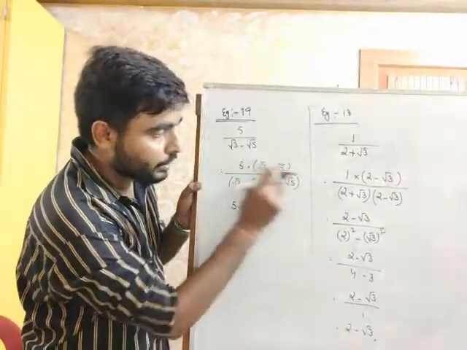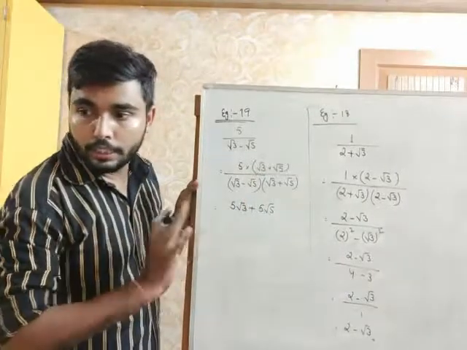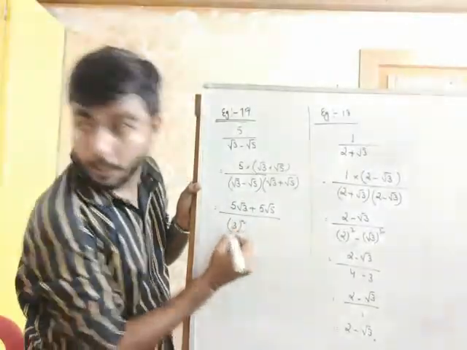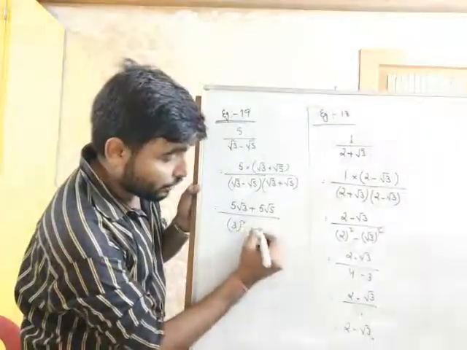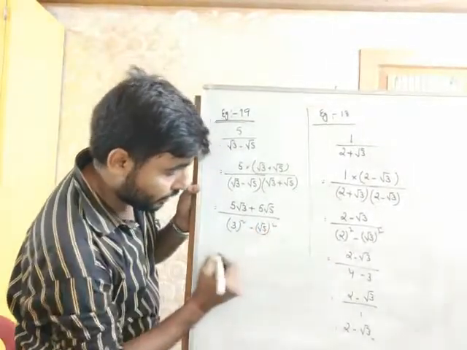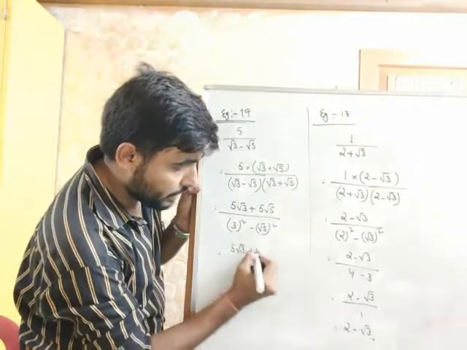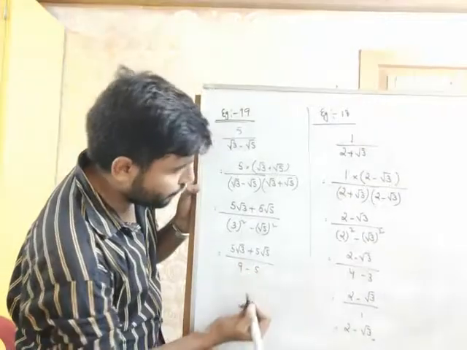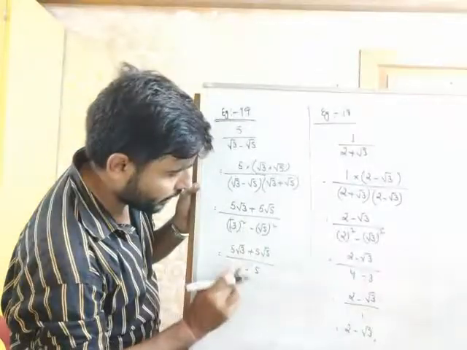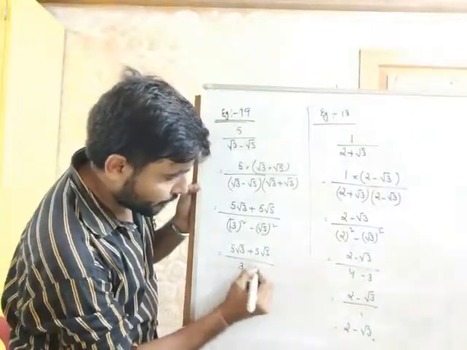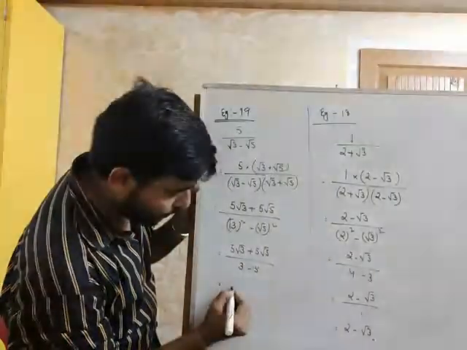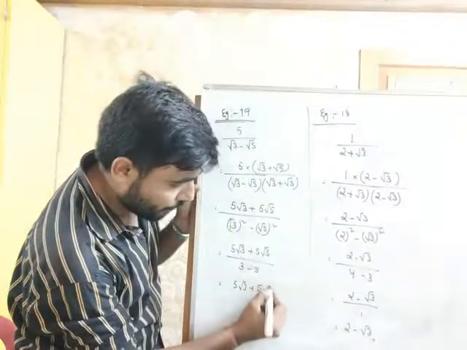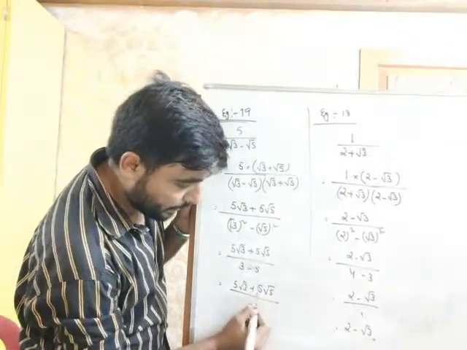Here the number is positive and these two are also positive, so there is no change in sign. And √3 square minus √5 square, it will be the square of 3, so 3 minus 5, which is equal to 5√3 plus 5√5 by minus 2.